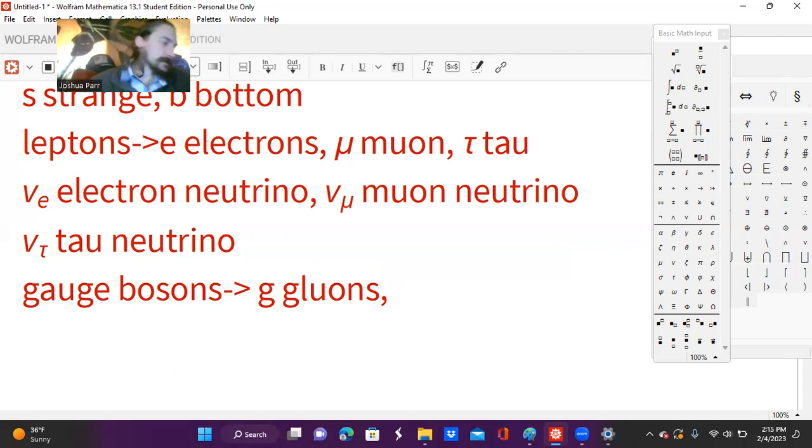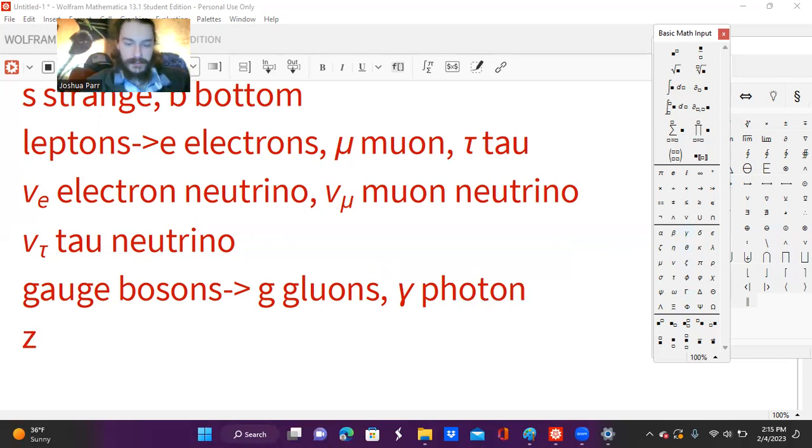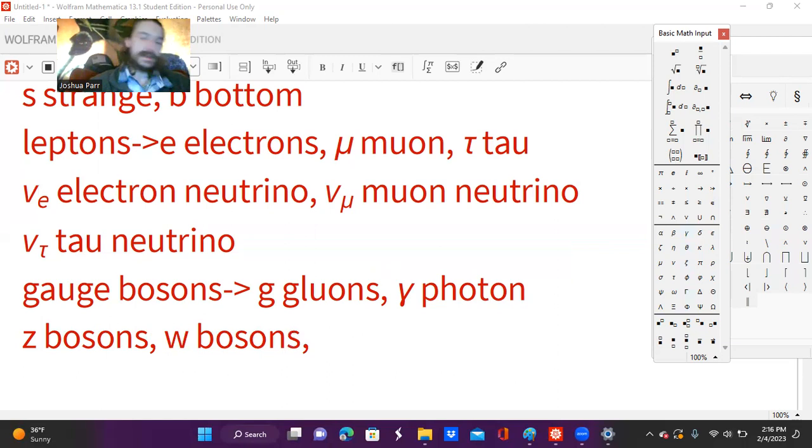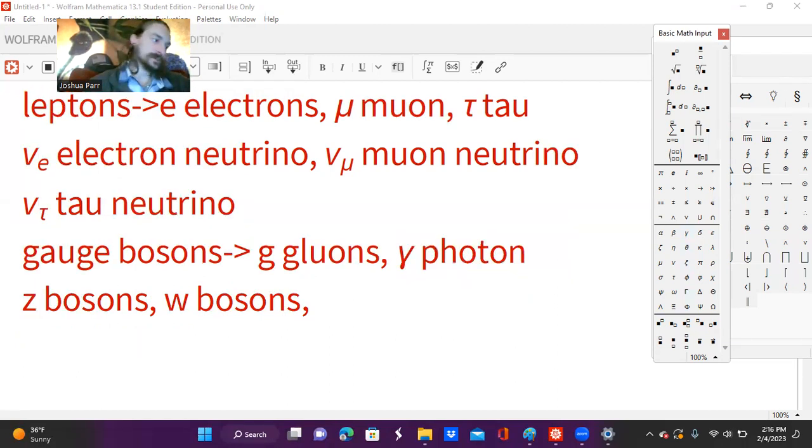So now we have the gamma photon, and then we have the Z and W bosons, and then we have the Higgs field, which is all by itself.